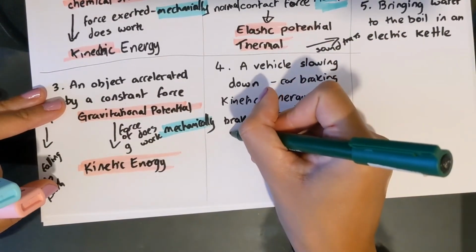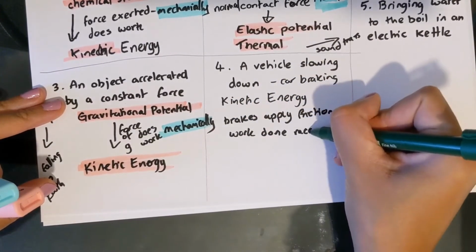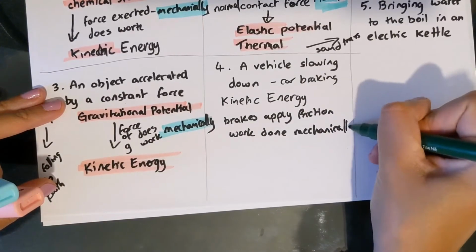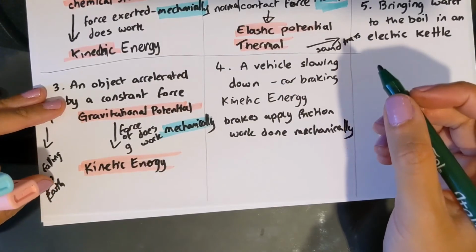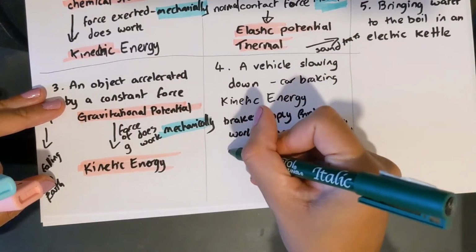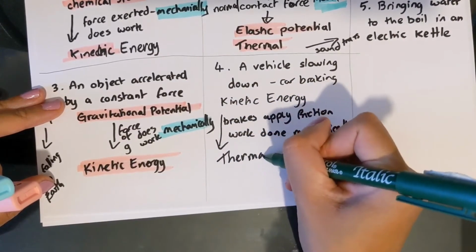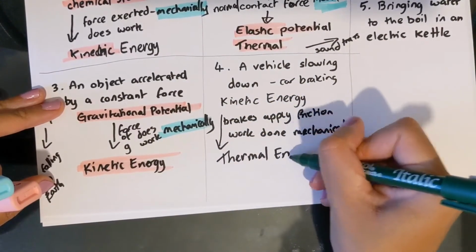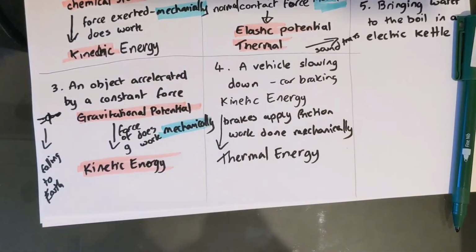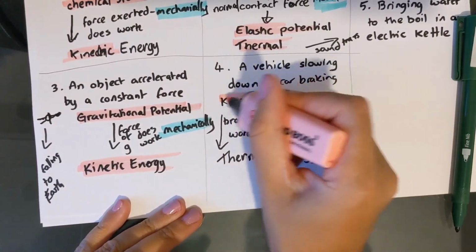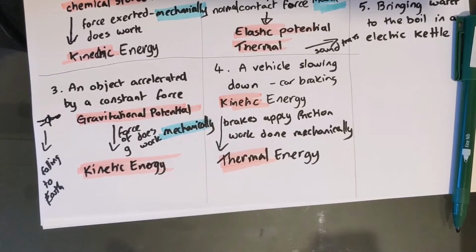So that's work done mechanically. And then we are going to have the thermal energy store. Okay, thermal energy store in the brakes. Yeah, the brakes are going to heat up, the wheels are going to heat up. So our energy store starts off kinetic, ends thermal, and again we're transferring mechanically.